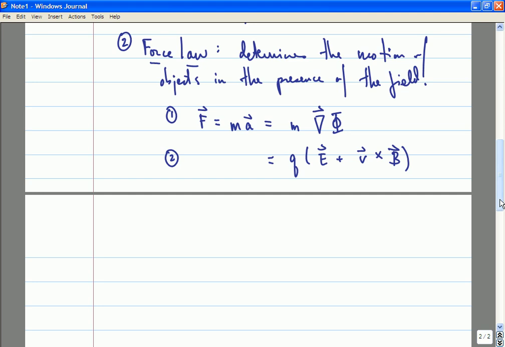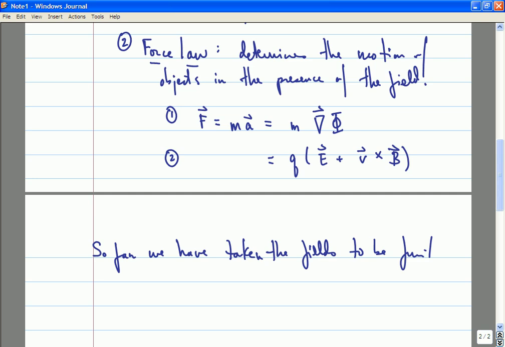So, how does this differ in the case of general relativity? So far, we have taken the fields to be functions of space-time.